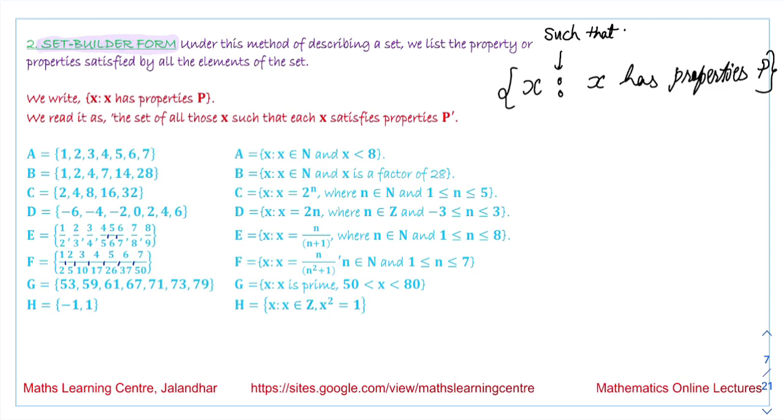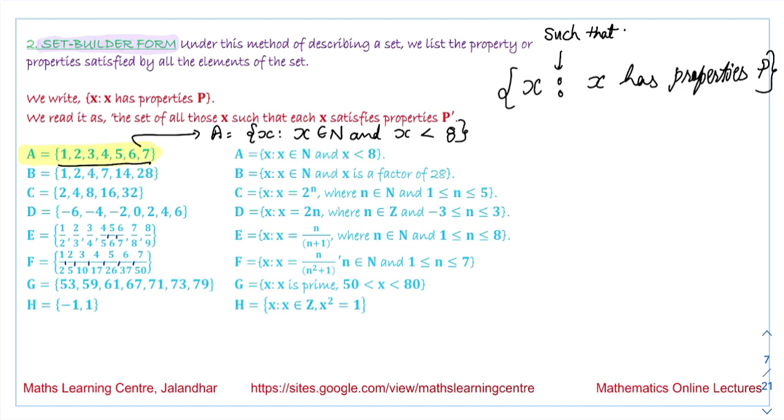Suppose we are talking about this first case, the set A. It is 1, 2, 3, 4, 5, 6, 7. This is the collection given to us in the roster form. So we can write this as A is equal to x. X means the elements of A. What are x? First, all the x are natural numbers, and x is less than 8.